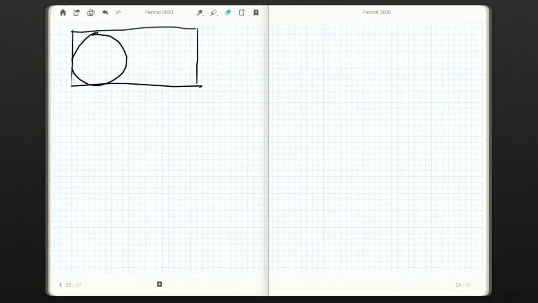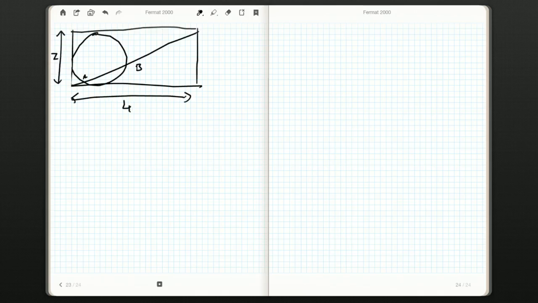Then we connect up to a diagonal and we have A and we have B, and we know this is length 4 and this is length 2. We'll just make sure that this is actually tangent to the circle.